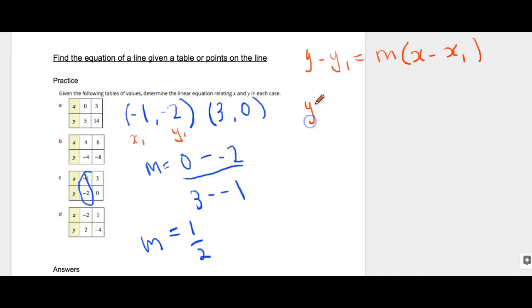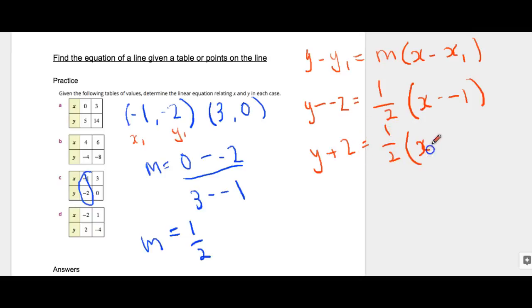Okay, so I've got y minus, put in the y1, which is -2. The gradient is a half, and then x, and then your x1 is -1. So let's just tidy that up because we got some negatives in there. x plus 1. Okay, let's expand this over this side.